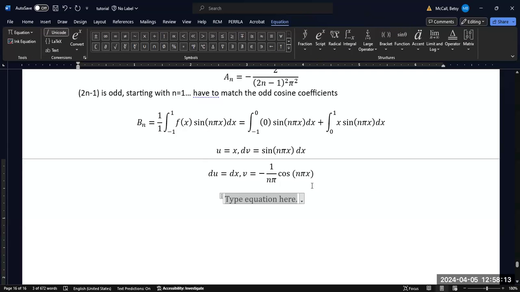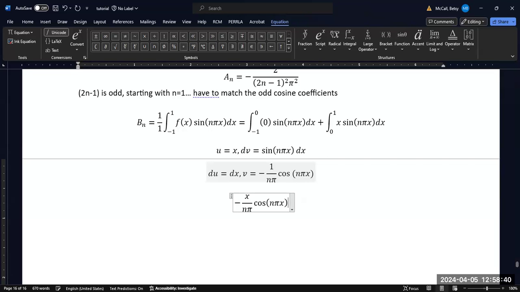And so when we evaluate this, we get negative x over n pi cosine n pi x, minus the antiderivative of v du. So dx doesn't do anything.